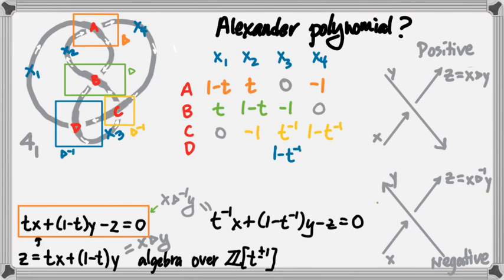The inbound undercrossing is arc x4, so it gets t inverse. And then the outbound arc is x1, so it gets negative 1. x2 doesn't participate. So this then is a 4x4 matrix that encodes the adjacencies of the oriented arcs of the oriented figure 8, the way that it's sketched here.